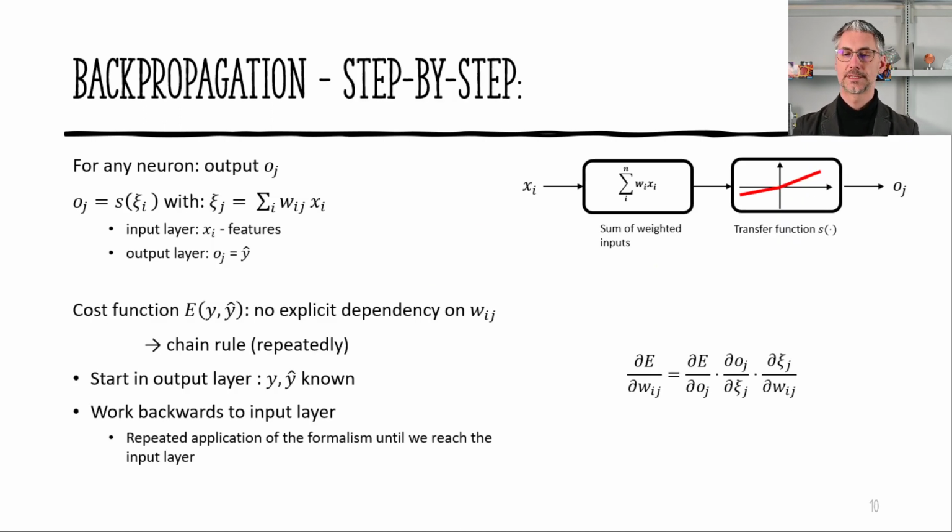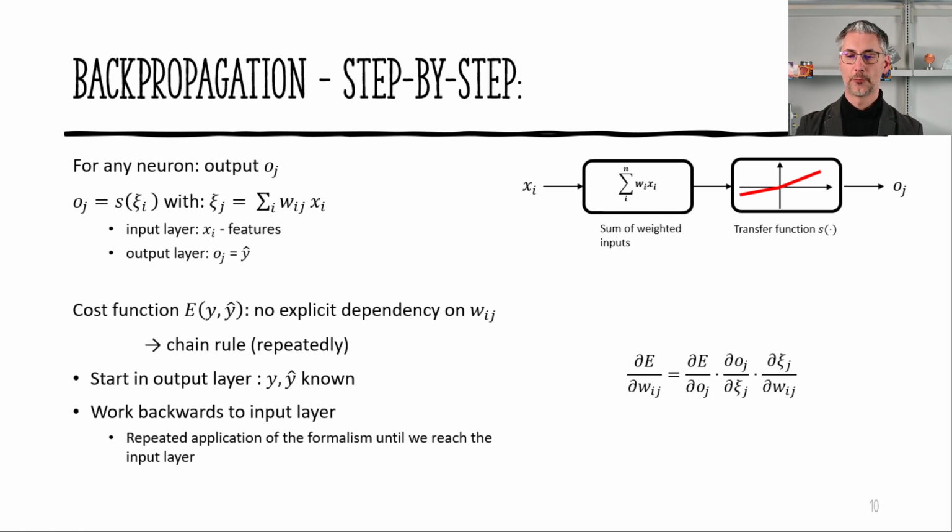So let's do this step by step. For any neuron in the output layer, O_j, we can calculate the following. We have the transfer function, S, and the combined weights with the input from the previous layer. Now we have the cost function, but there is no explicit dependency on those weights. So that means mathematically we need to employ the chain rule repeatedly.